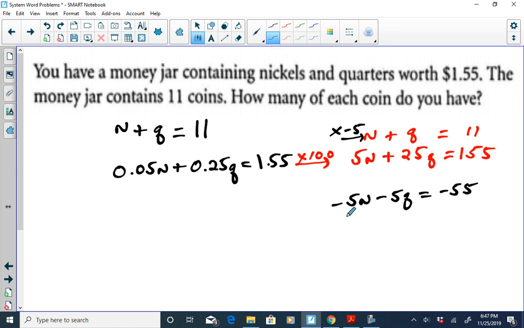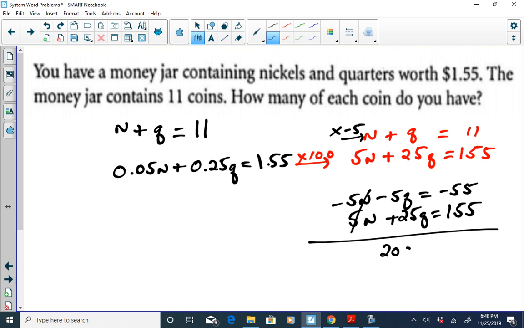I'm going to recopy this bottom equation, which is 5n plus 25q, equal to 155. Now we can eliminate the n's with addition, so they're gone. This gives you -5q plus 25q, that's 20q, is equal to -55 and 155, that's 100.